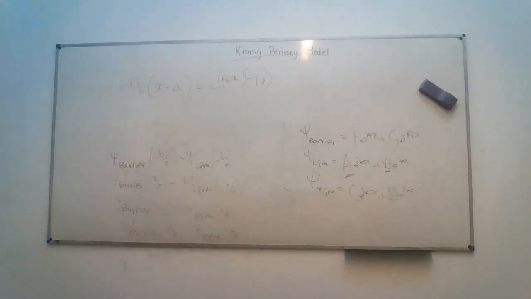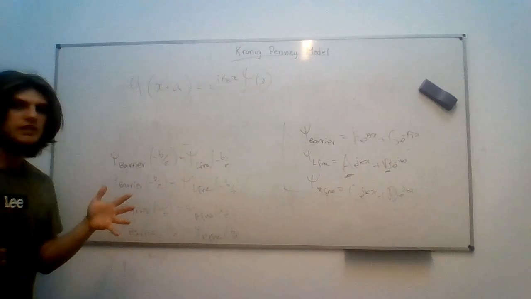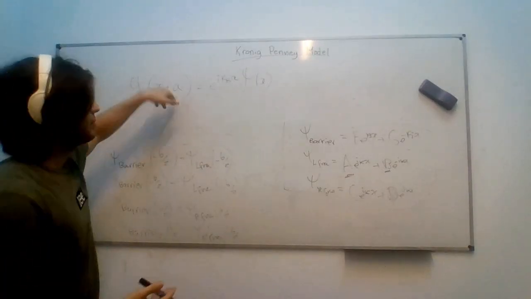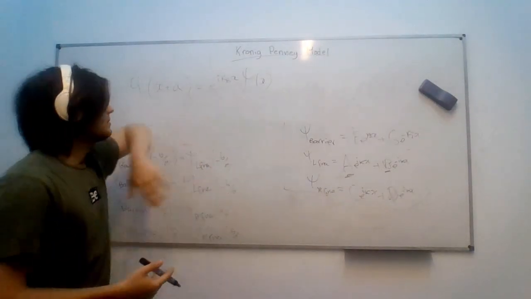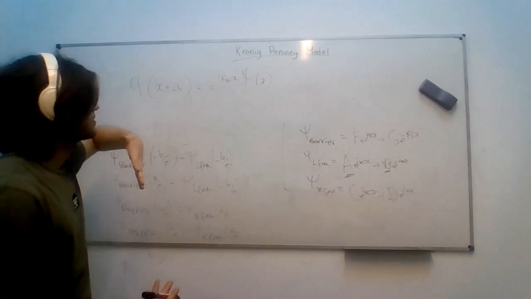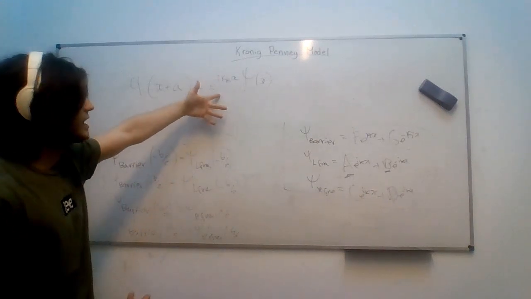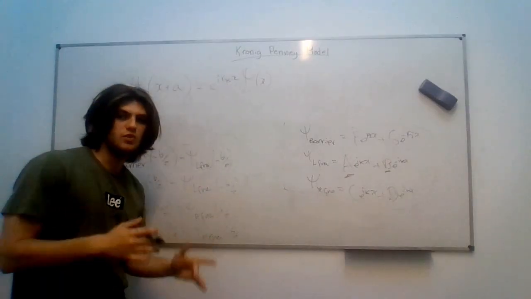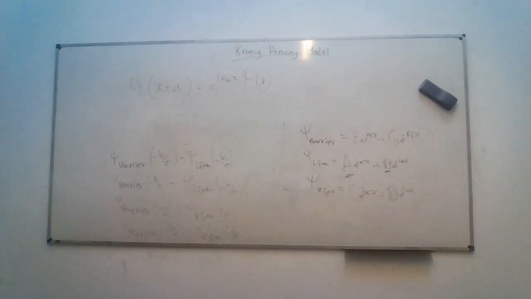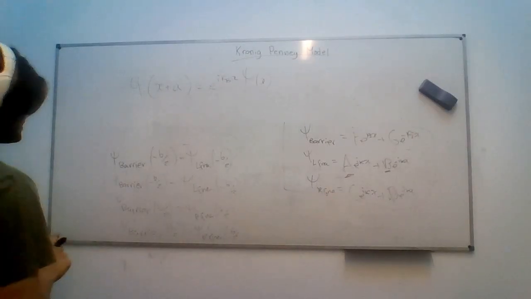So what we see here is that in a periodic potential, if we move over by a lattice vector, then really we just change the wave function by a phase factor. Physically, it's almost identical. So where do we use that?